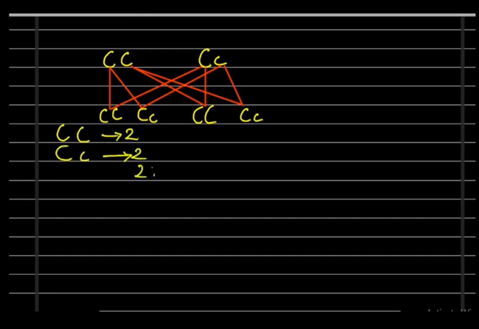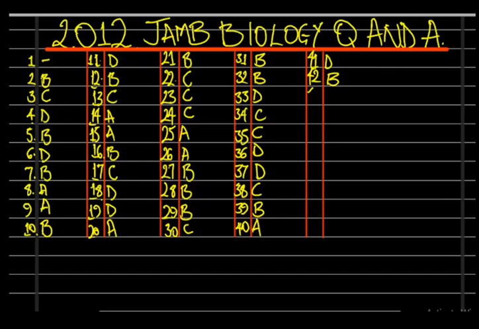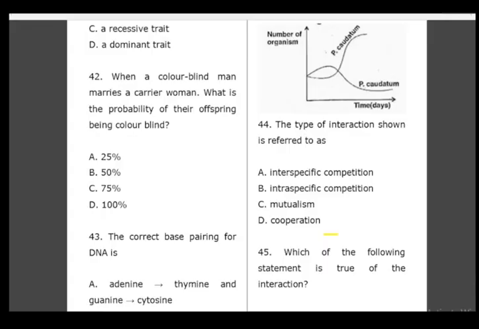So that makes it ratio 2 to 2. And so when we look at this ratio, it makes it 50% possibility. So that is the answer to that particular question. The probability of their offspring being colorblind is going to be 50%. Option B.